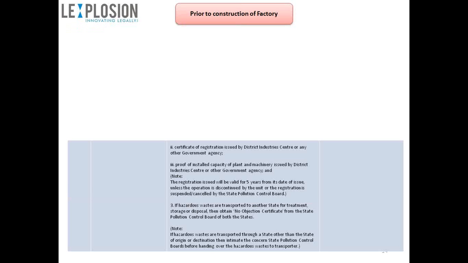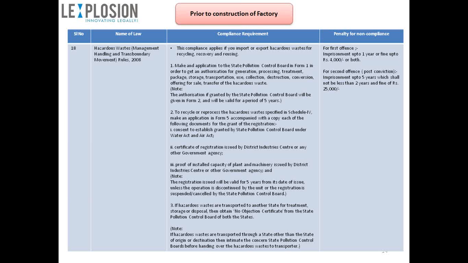And you also need to ensure that if you are recycling the hazardous waste, you make an application to seek consent for the same. So you have 2 different forms that you need to fill up. One is to make an application for generating, processing, treatment, package, storing, transportation, etc. The other one is for recycling.